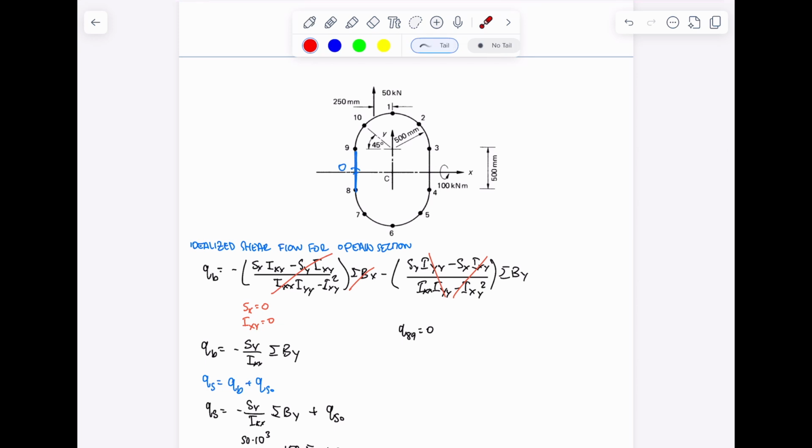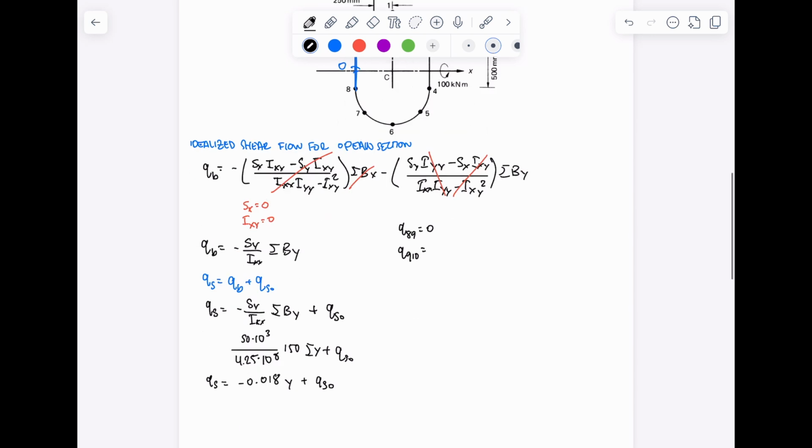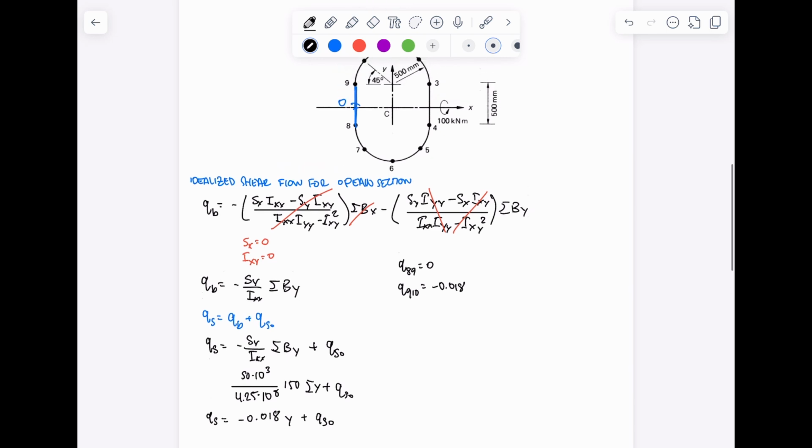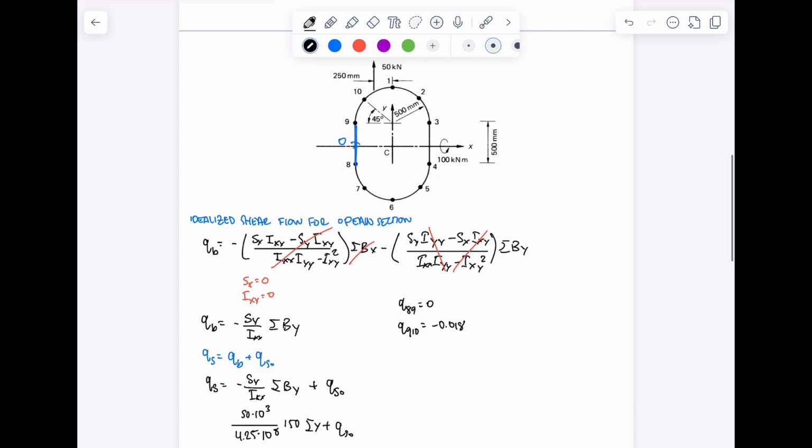And let's continue from there, from 9, and go all the way around. So we know that shear flow from 9 to 10 is equal to what we have here, the formula. So it's going to be negative 0.018 times the y distance of the boom that we passed. So from 9 to 10, we passed 9.